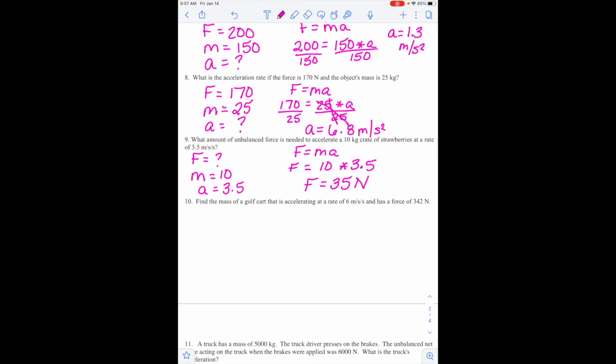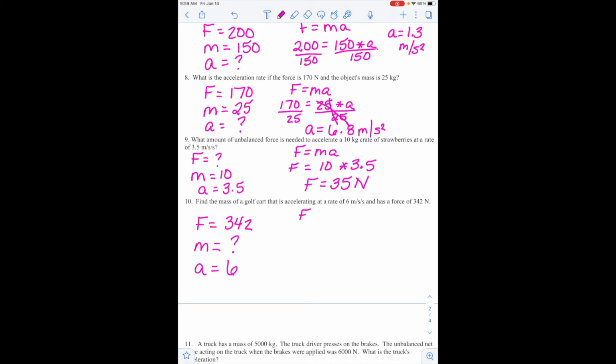Number 10. Find the mass of a golf ball cart that is accelerating at a rate of 6 meters per second squared and has a force of 342 newtons. So we have our force of 342 newtons. Our mass is what we are looking for, and our acceleration is 6 meters per second squared.